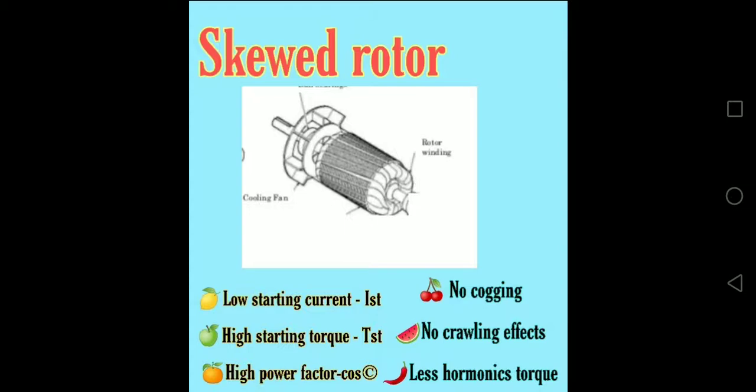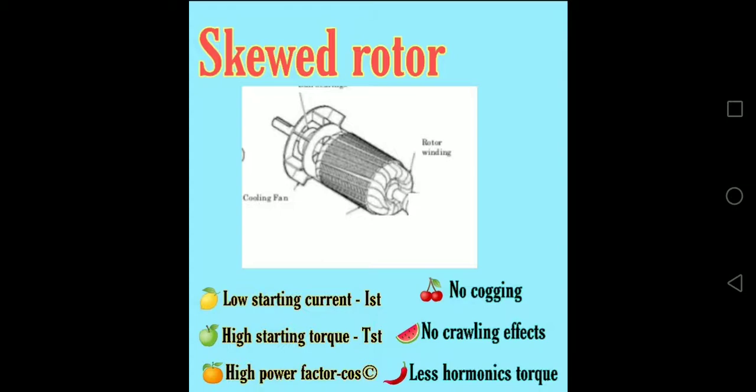From R proportional to rho L by A, when lengths are more, resistance will be more. From this equation, in a skewed rotor, copper bar length is more as compared to a squirrel cage rotor.